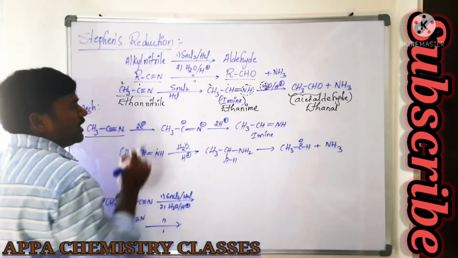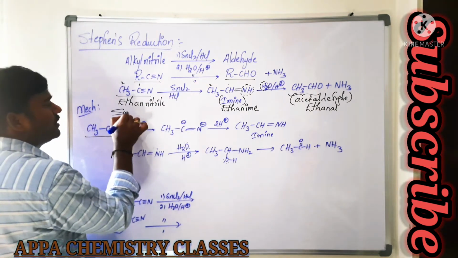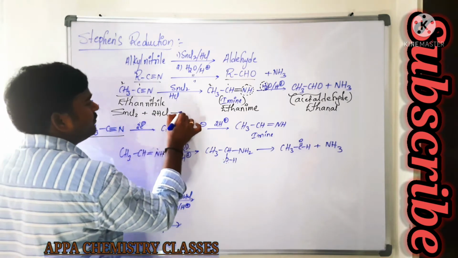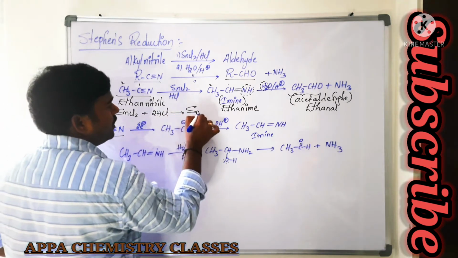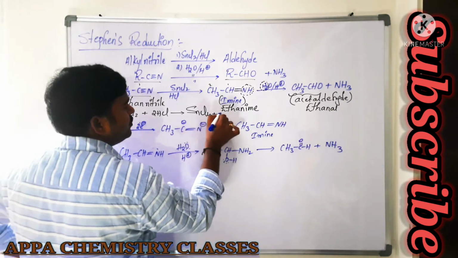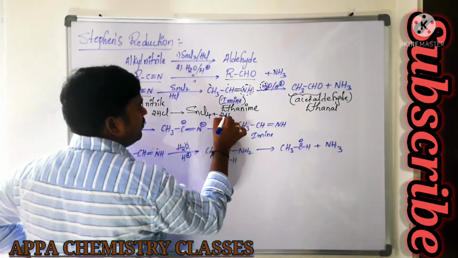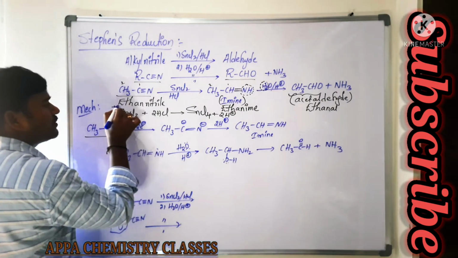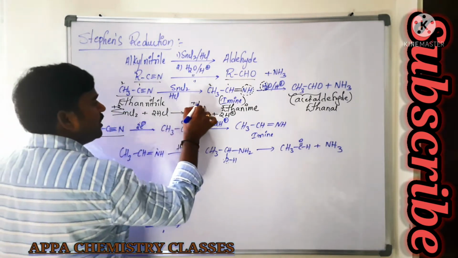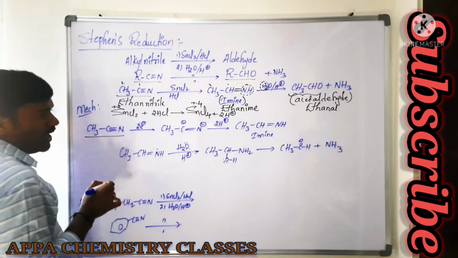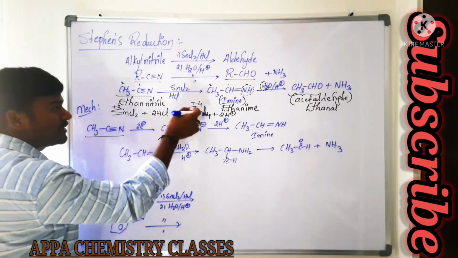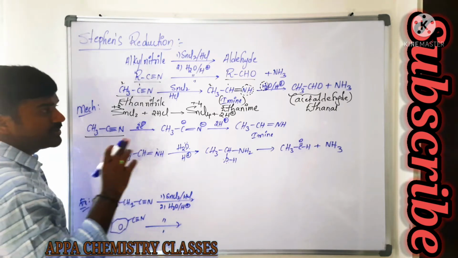Now what happens here? We have SnCl2. This SnCl2 reacts with 2 moles of HCl. Then we are going to get SnCl4 plus 2 moles of H plus ions. Tin is changing from plus 2 to plus 4, that is stannous chloride to stannic chloride. That is, SnCl2 is oxidized to SnCl4.